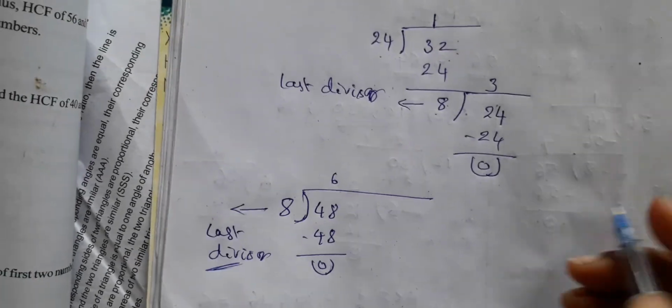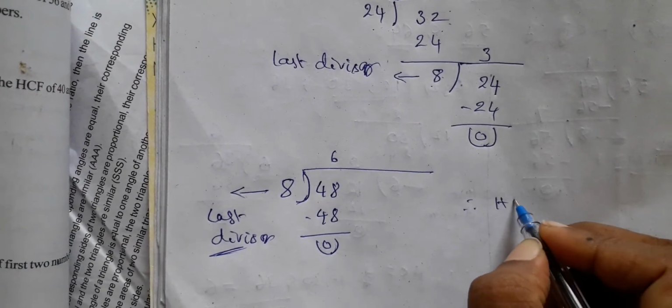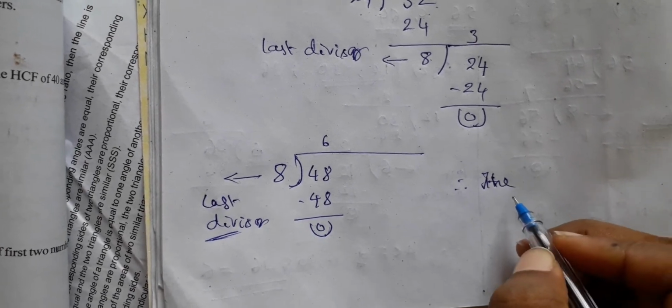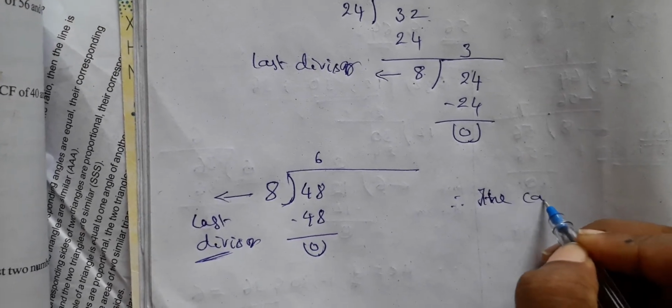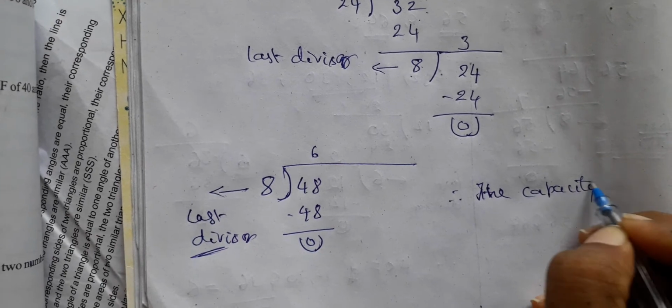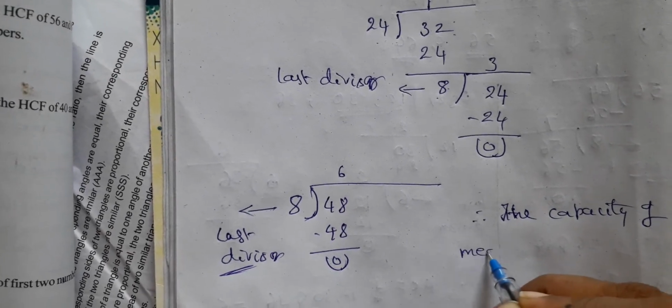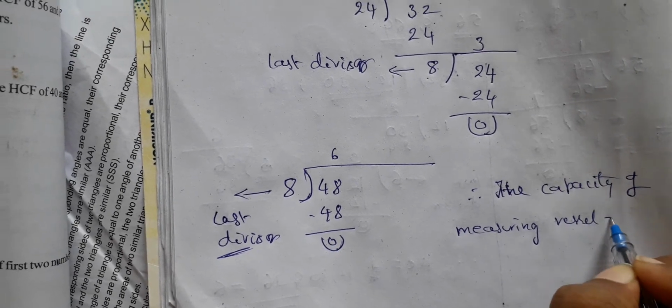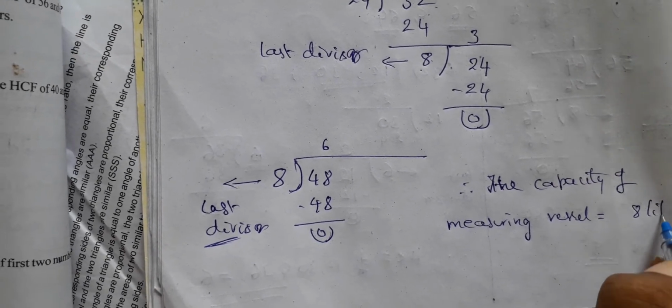So we got the HCF to be 8. Therefore the capacity of the measuring vessel is equal to 8 liters.